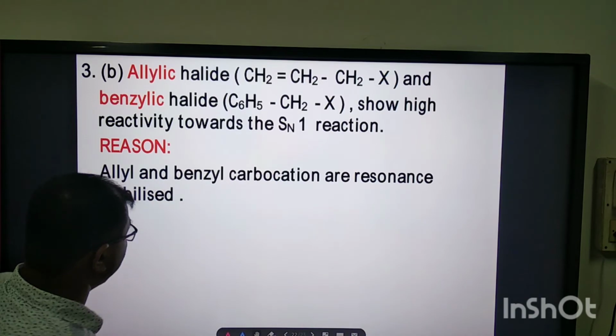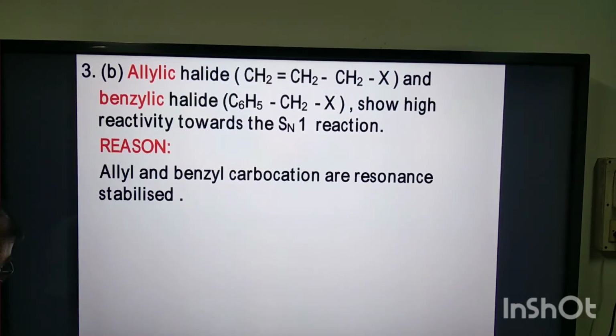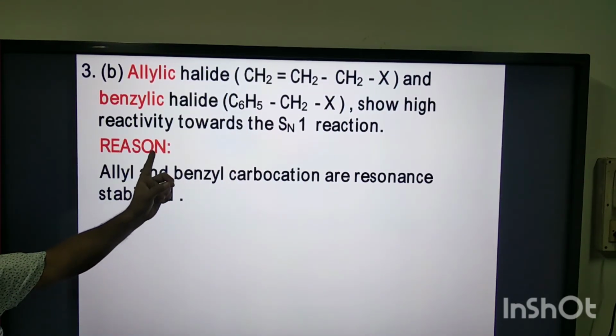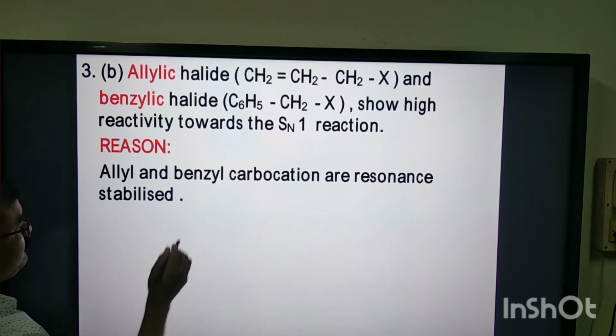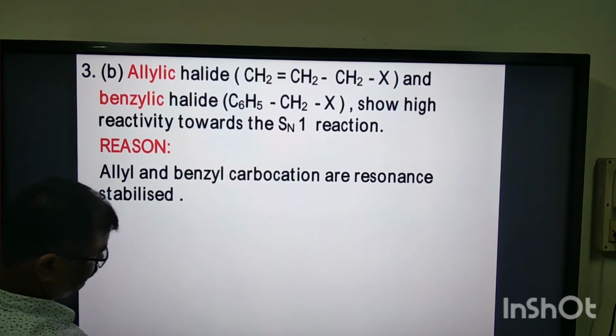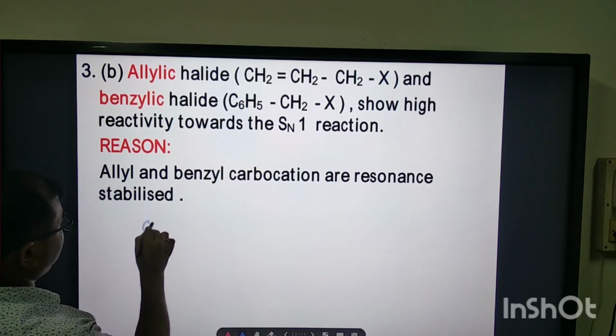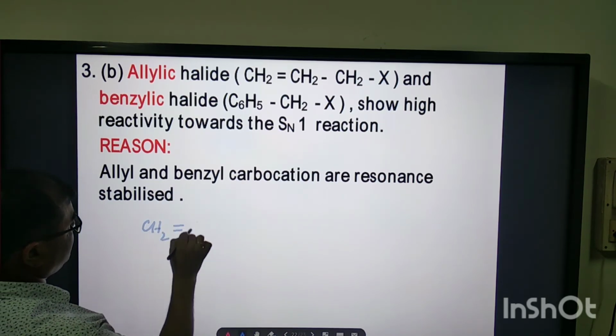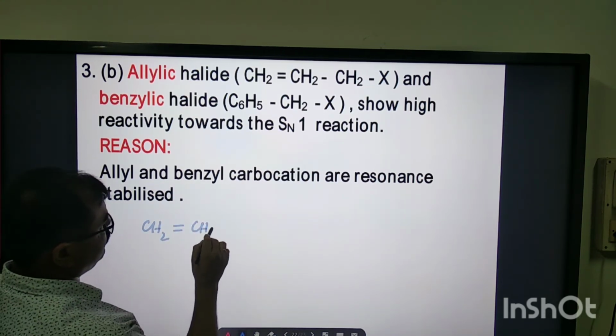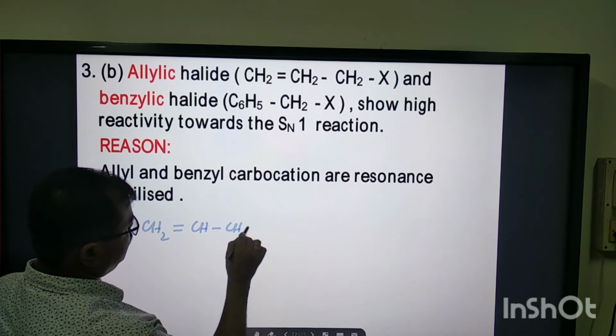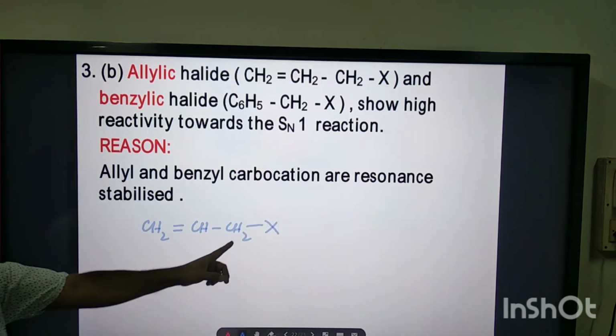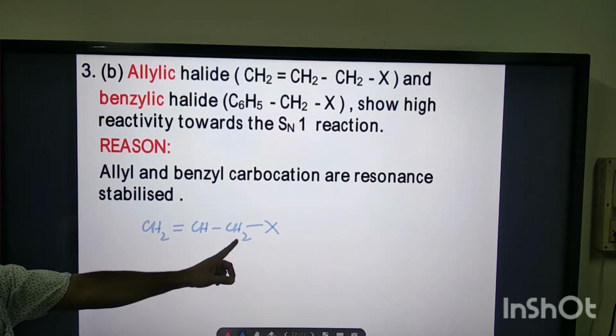Suppose we take an allylic halide. See, this is allyl halide.